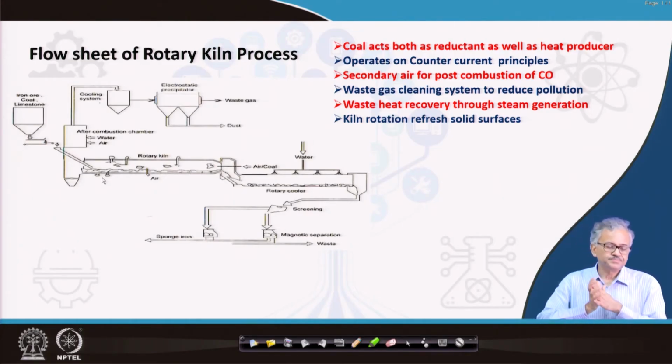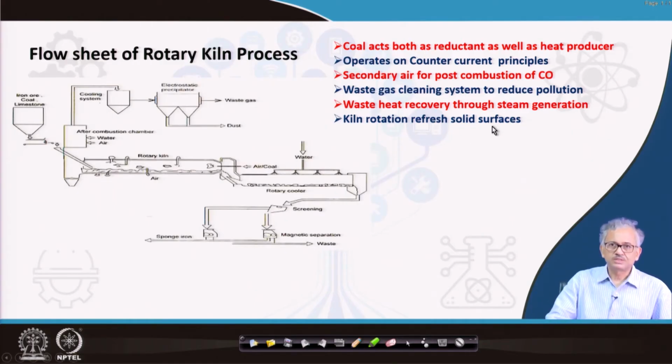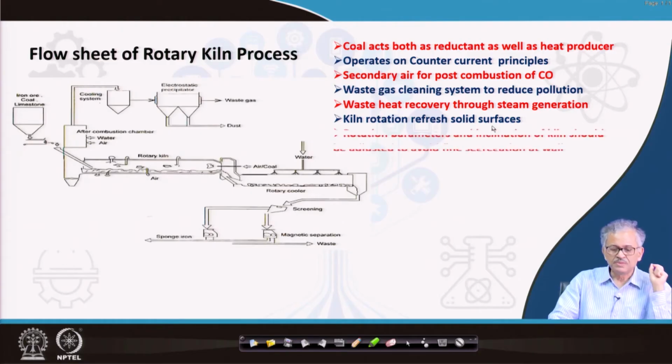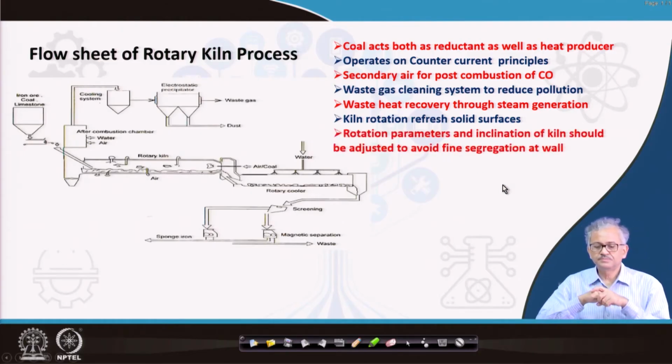That's why every time if it rotates, then the surface of the burden material with the wall also gets renewed. As a result, heat transfer becomes efficient from the wall to the solid, okay. So that is the thing.